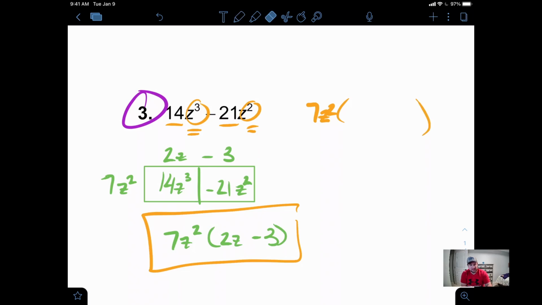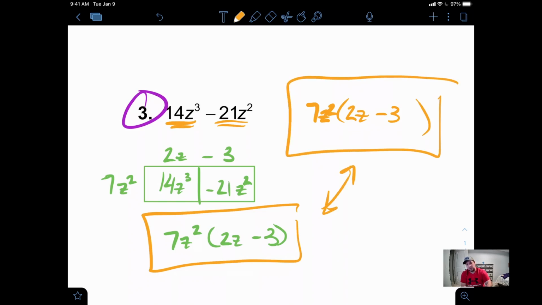And then looking at this whole problem and saying if I were to divide 7z squared out of this, I would be left with just 2z. And if I were to divide 7z squared out of this, 21 divided by 7 would leave us with a minus 3, and there'd be no z's left. So we get to the exact same answer regardless of how we do it. The box is just a way to structure your thinking.